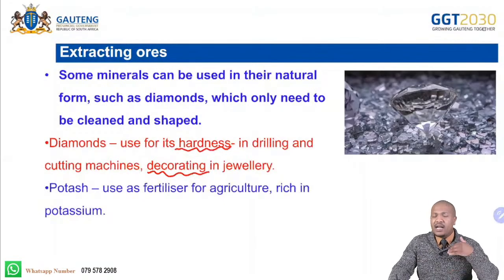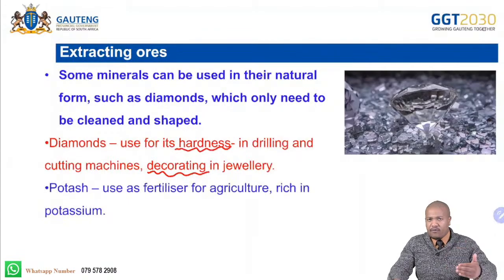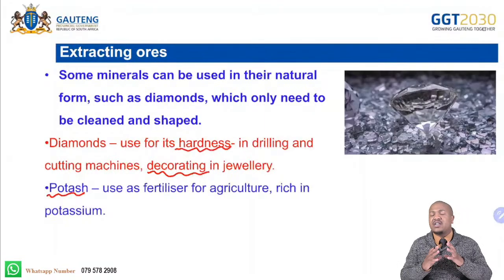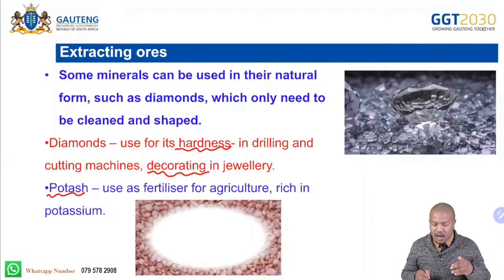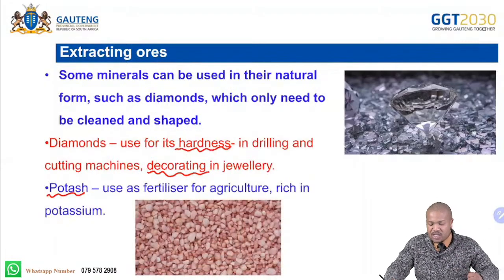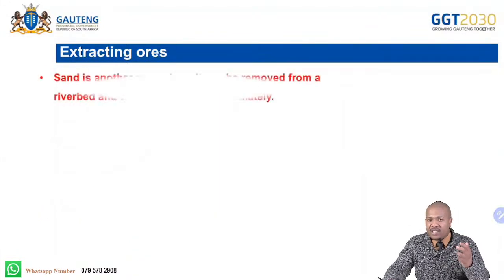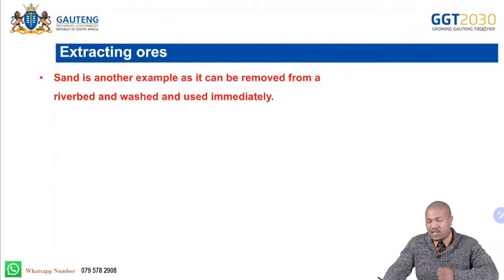Another mineral that can be used in its natural form is potash. Potash can be used as a fertilizer for agriculture because it is rich in potassium. As I've said, other minerals can be used in their natural form and others need to be refined in order for us to use them.